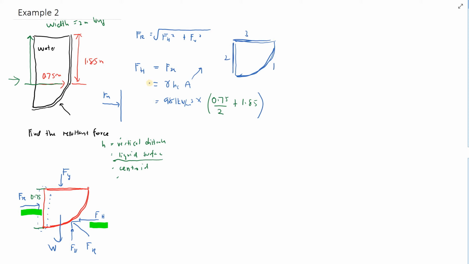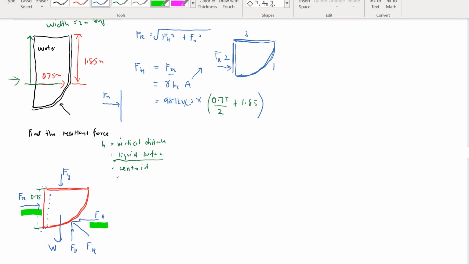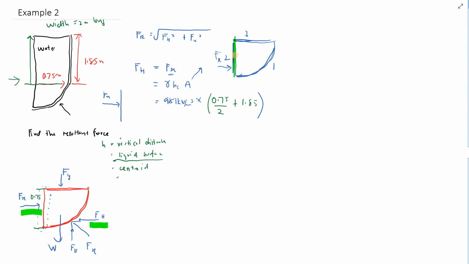But when you are looking at the Fx, Fx is acting on which surface? Is it on 1, 2, or 3? The answer is quite obvious. It's acting on your surface 2. So you have to look at the A of this surface. Do not find the A here.